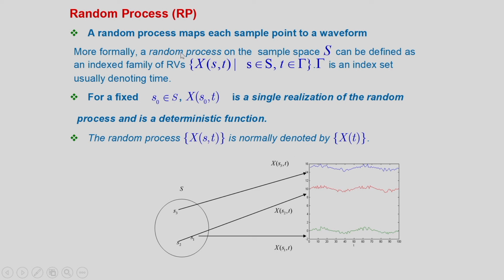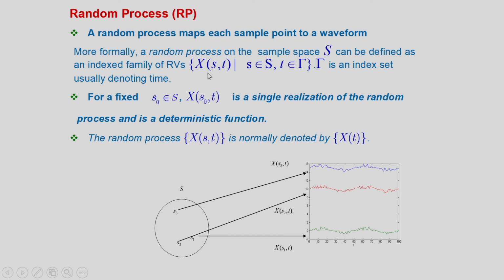More formally, a random process on the sample space S can be defined as an indexed family of random variables. So, a random process comprises x(S, t) such that S belongs to the sample space and t belongs to some index set tau. So, tau is an index set and tau usually denotes time.